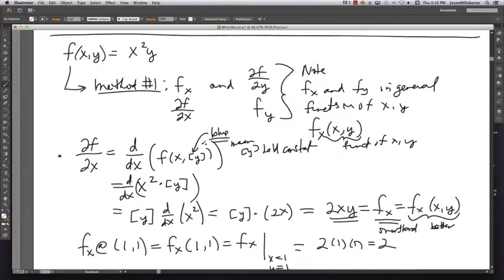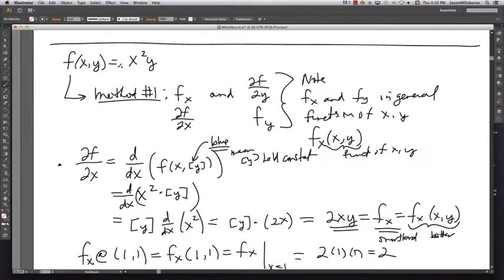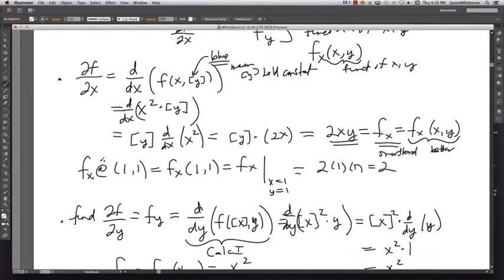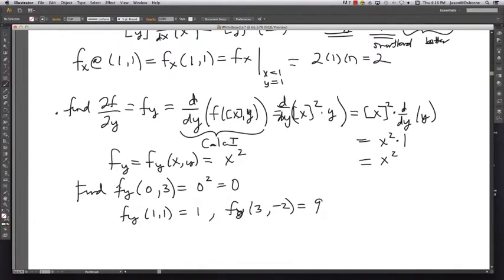Okay. It's a different matter to address what these partial derivatives are actually telling us. Here I've just taken some partial derivatives, and I'm getting these numbers.